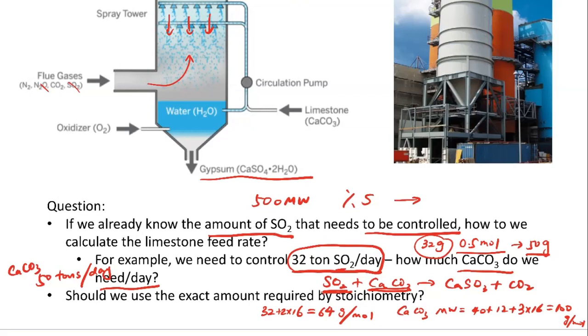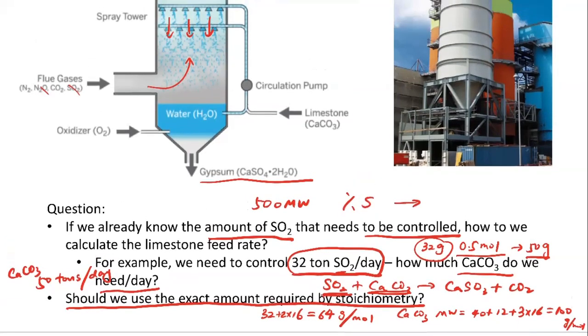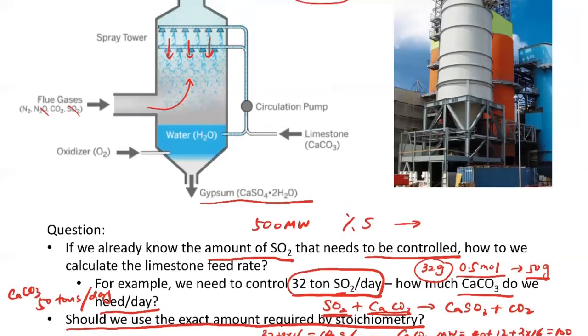But in reality, there are a lot of things that will complicate this problem. For example, should we use the exact amount that's required by the stoichiometry? Probably not, right? Because we know that the reaction does not take place completely. For example, we're talking about the gaseous species reacting with the liquid here.